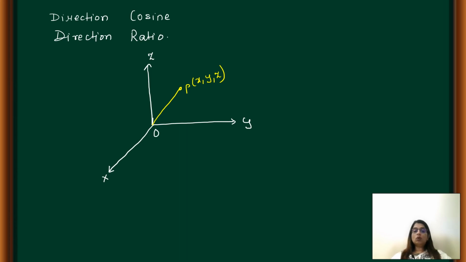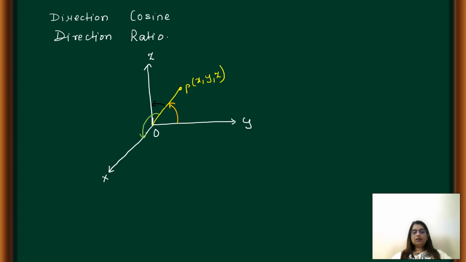This is O, origin, and this is P, correct? One more thing we are all aware of, that we saw in the last class in this particular topic, is that this position vector makes an angle with every axis, that is the positive side of x-axis, the positive side of y-axis, and the positive side of z-axis, correct?